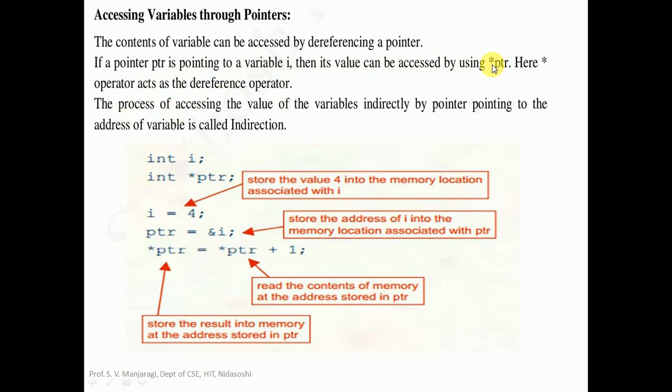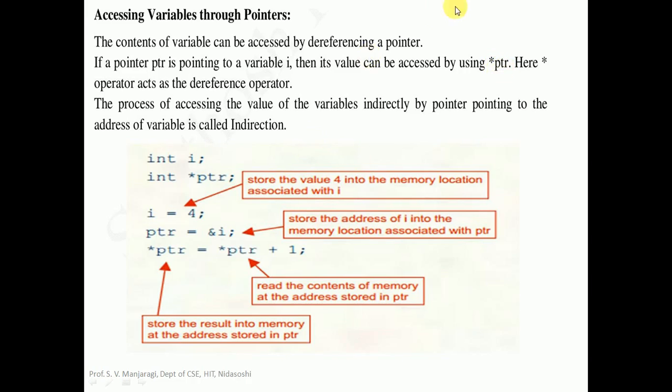So star, the asterisk, is used as dereferencing for a pointer. It is called dereferencing a pointer. Here star is acting as a dereferencing operator.